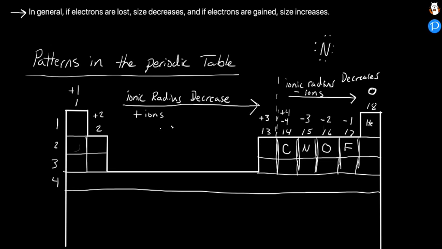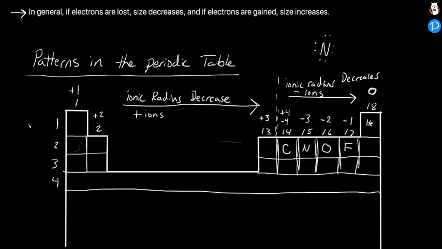So these sizes here would decrease, but then you'd hit nitrogen, which would jump way back up to a big size, but then it would start to decrease again as you move across this way. So in general, it decreases as we're moving this way, but just understanding that those negative ones are all bigger than these metal ones, basically.